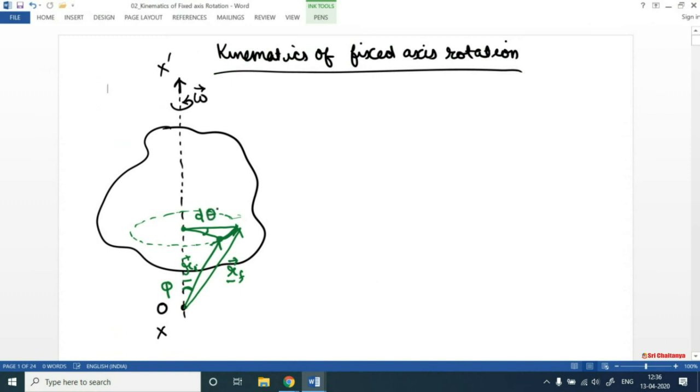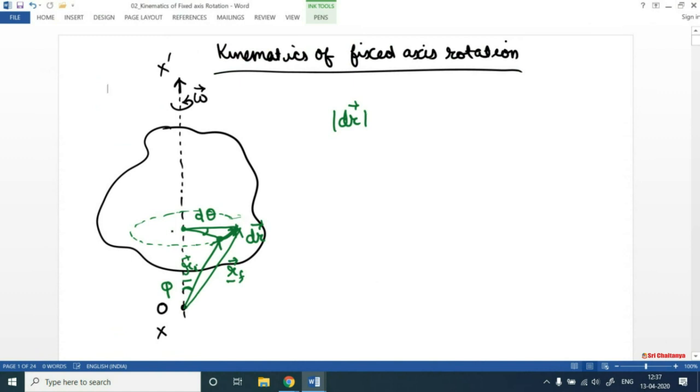We are trying to find out the change in position vector, which would be the dr vector, this vector over here. First of all, let's find out the magnitude of this dr vector.